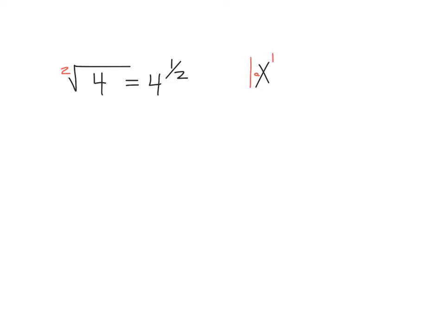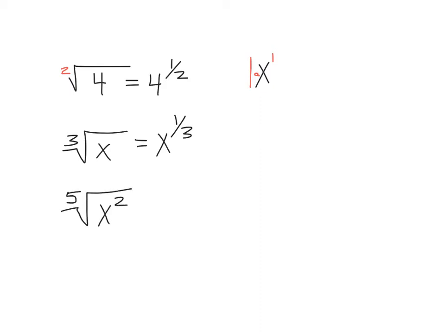So as we go through, if you see something like the cube root of x, that really means x to the 1/3 power. Or if you see something like the fifth root of x to the second, then really that is x to the 2/5 power.